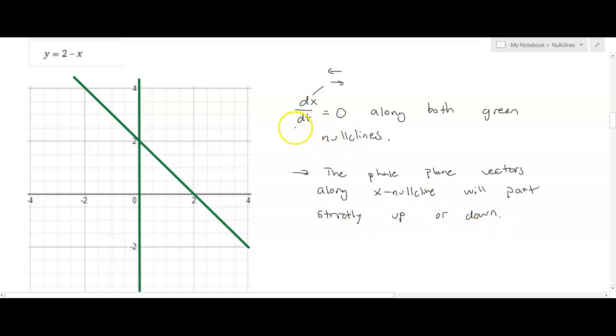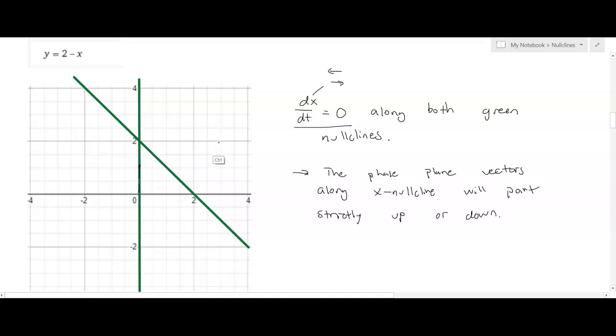Right, and that's again because of this statement here, dx dt is 0 everywhere along these two green lines, and so you might see that the vectors along these Nullclines either point up or down. Now I'm not going to worry about those right now, but the one thing to note is that even along this green Nullcline, the vectors will either point straight up or straight down, because on that green line, dx dt is 0, so there's no left or right component to that vector. Whereas over here, we may see a vector that has a horizontal and vertical component.